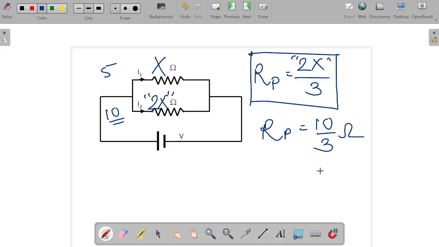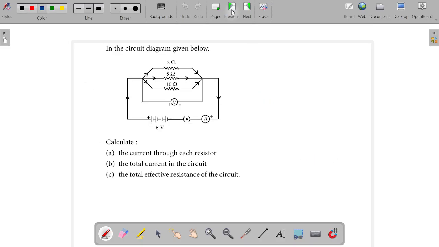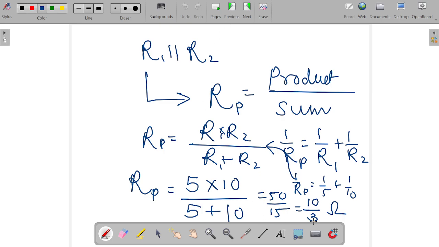Isn't it amazing? If you go traditionally, of course it will take time to solve this, but within a few seconds, if the two resistors are given in such a way that one resistance is x and the other resistance is 2x, this method is applicable only when the resistors are in parallel combination, one double the other.